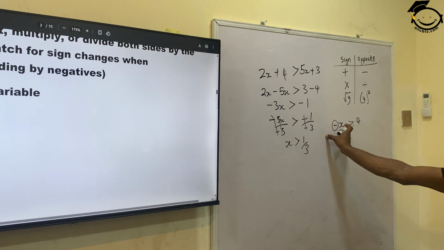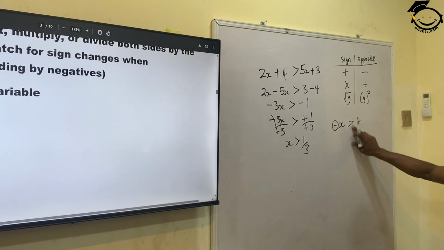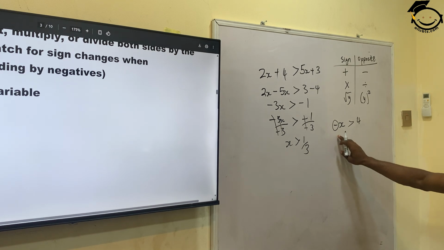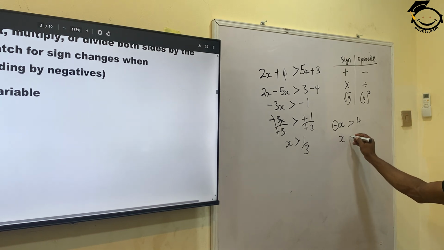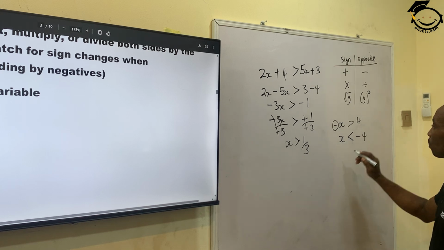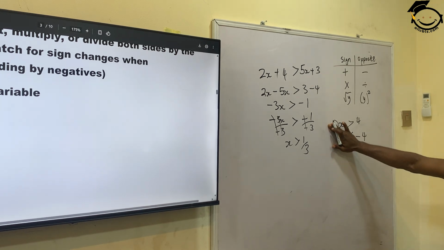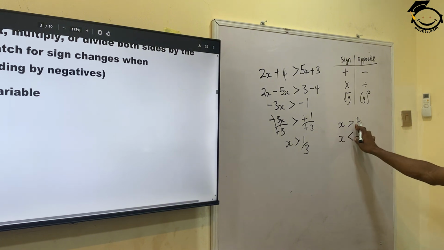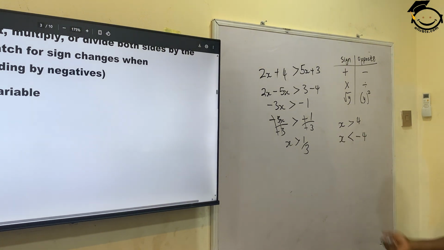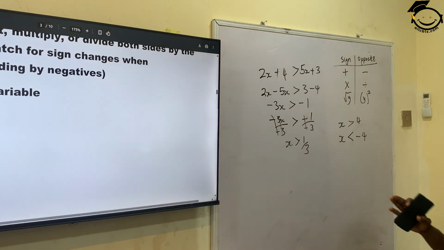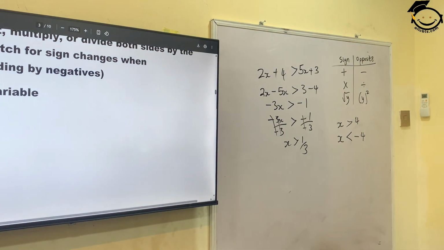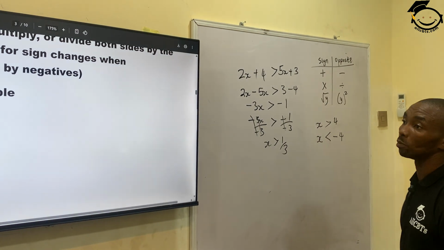So in introducing this minus, our sign would change. So by the time we introduce a minus, x becomes x is less than minus 4. Why? Because we are eliminating this minus from this side over to this side, so our sign will change. So always be careful when you have a negative in your inequality to ensure that your signs are placed appropriately.